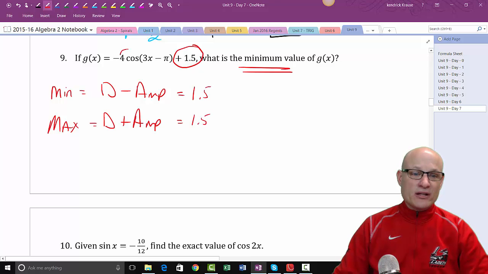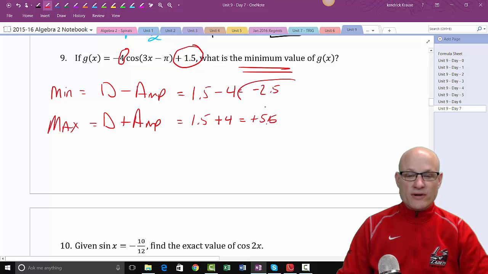My amplitude is 4. So d minus 4 or d plus 4. Be careful with that. So this would be 1.5 minus 4, which is -2.5, and this would be positive 5.5. So the answer simply is -2.5. That's my minimum value of g of x.